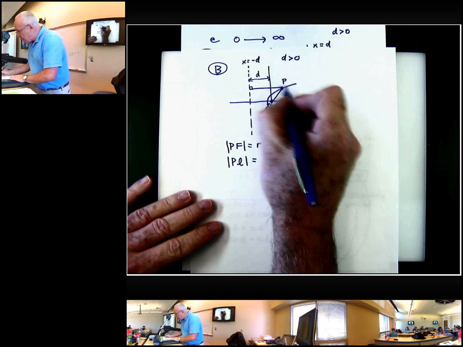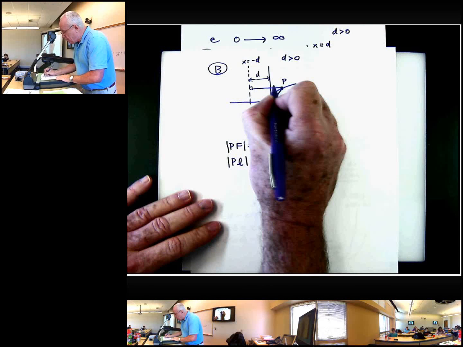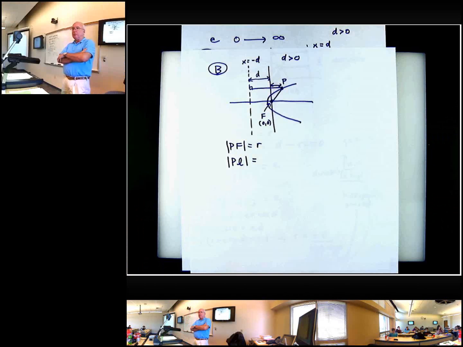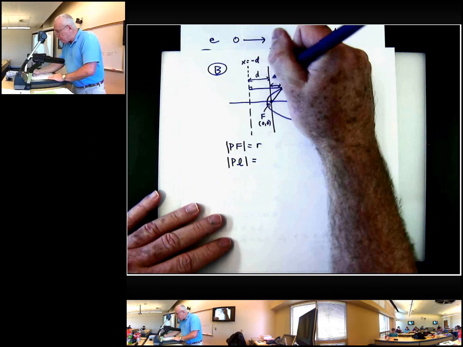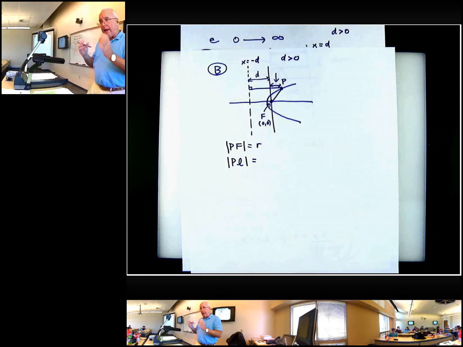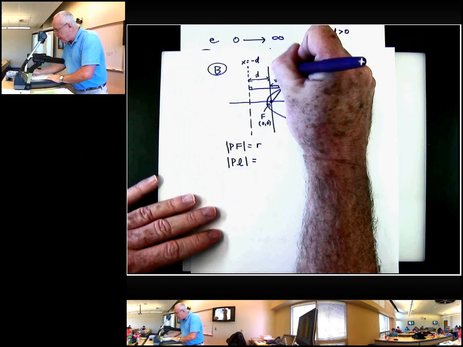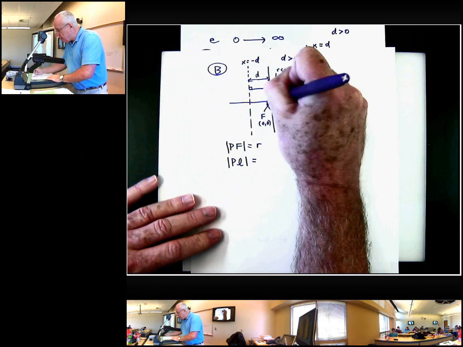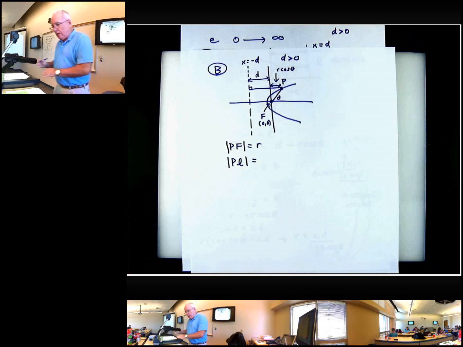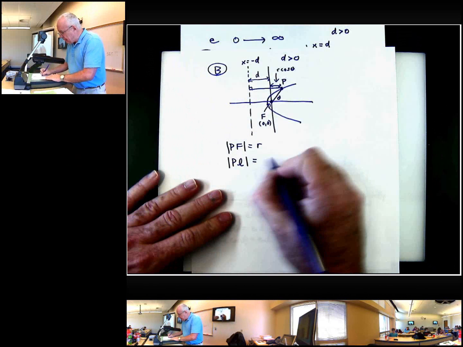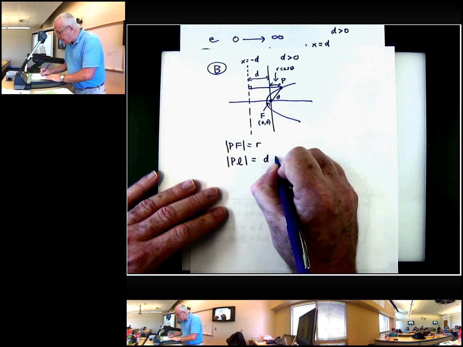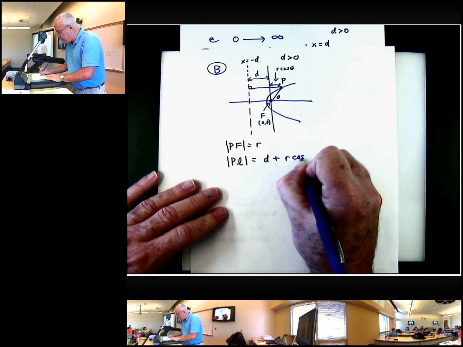But then on top of it, we have to go further to get the full distance. This component here is again the x component, and it's going to be r cosine of theta, where this angle here is theta. So now this distance PL is going to be d plus r cosine of theta.